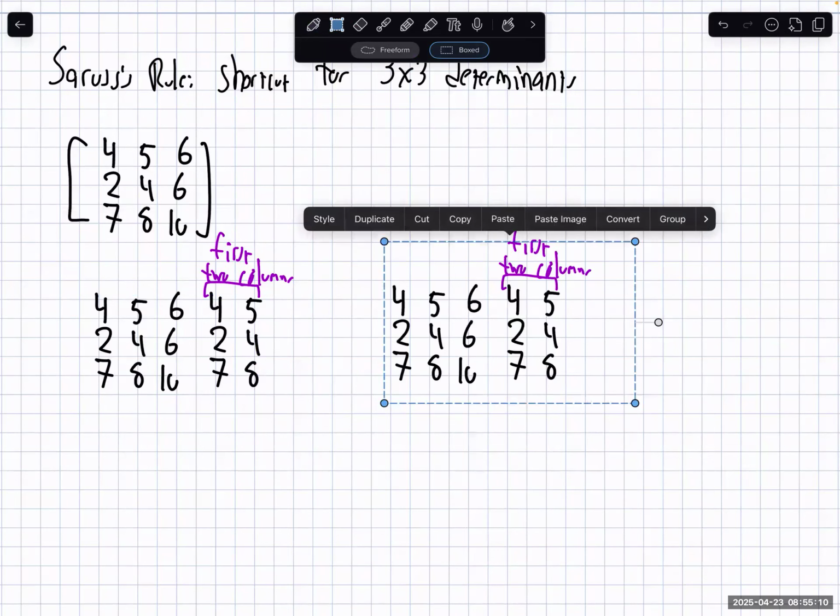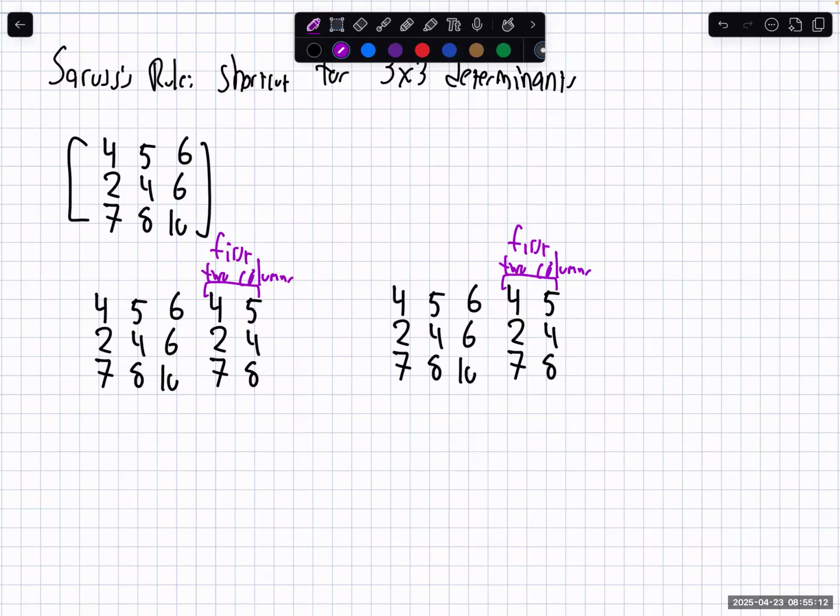It's kind of similar to the crisscross in the 2 by 2. I'm going to do three forward diagonals: 4 times 4 times 10, which is 160; 5 times 6 times 7, which is 210; and here I've got 6 times 2 times 8, which is 96. And those all get pluses.